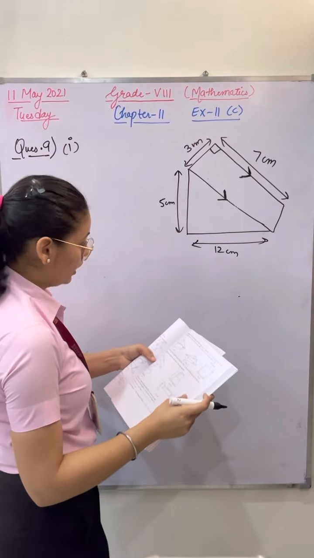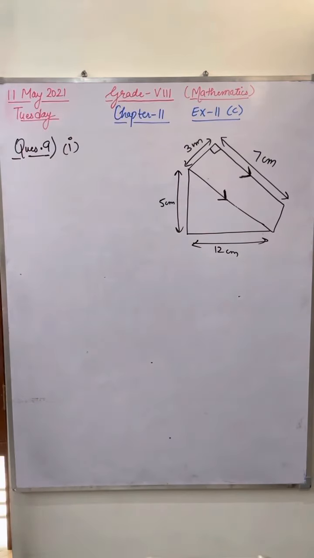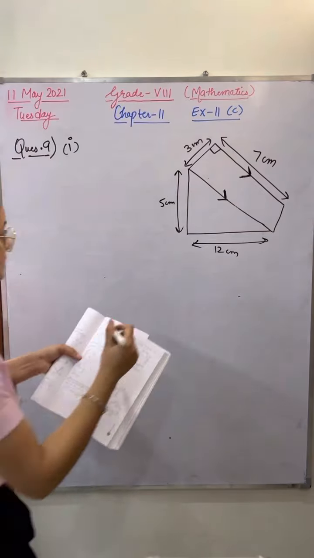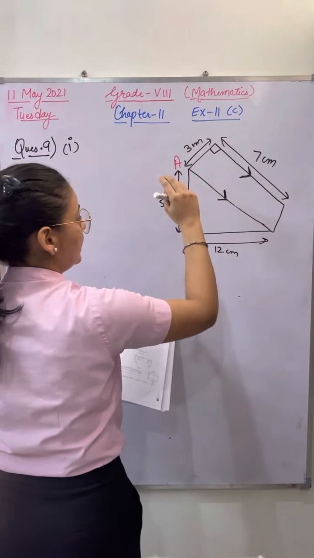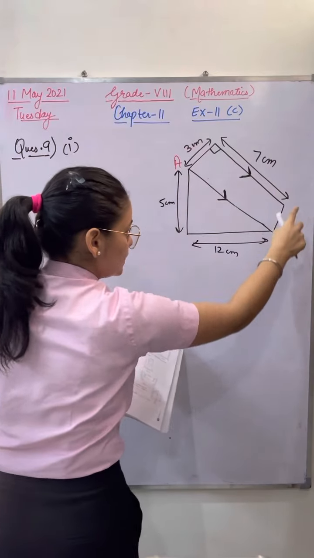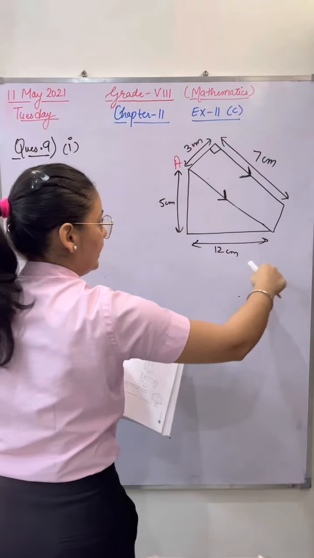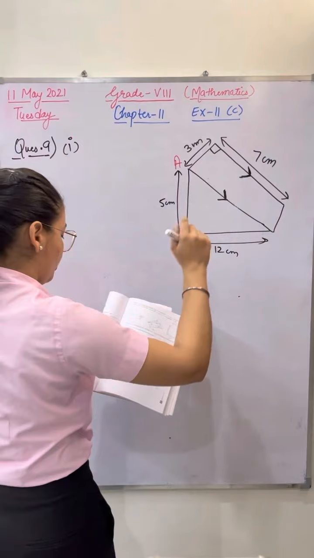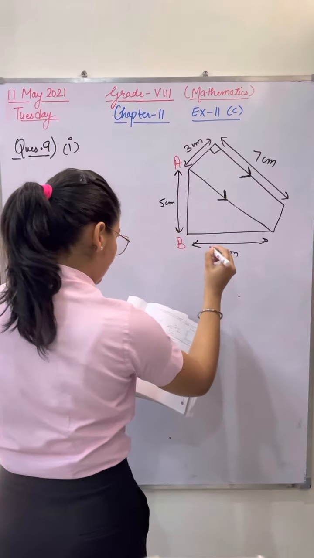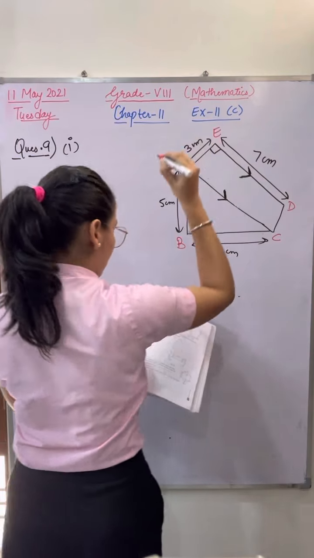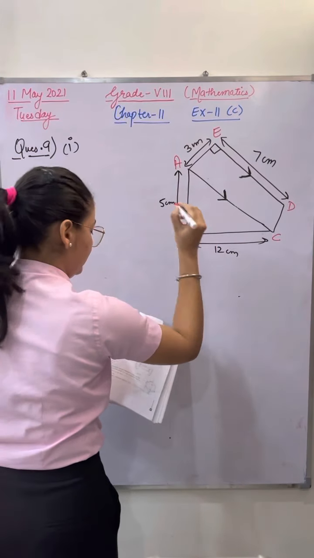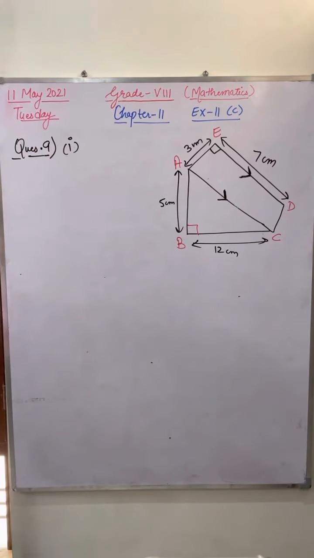Right? Okay, I'm going to write the names. If you start the naming from here, then go up in this way, or you can go anti-clockwise, but it should be in a proper sequence. A, B, C, D, E. This is again at 90 degrees.